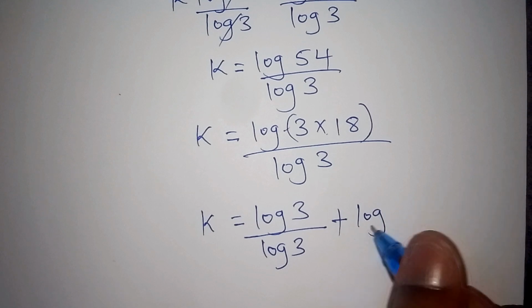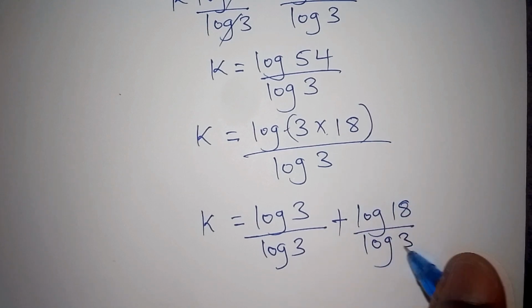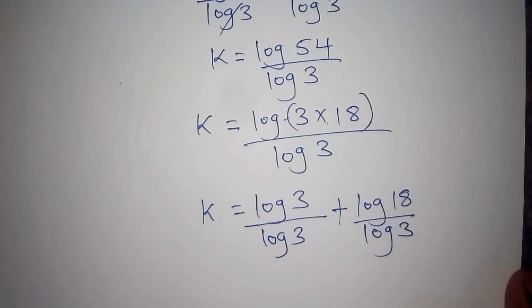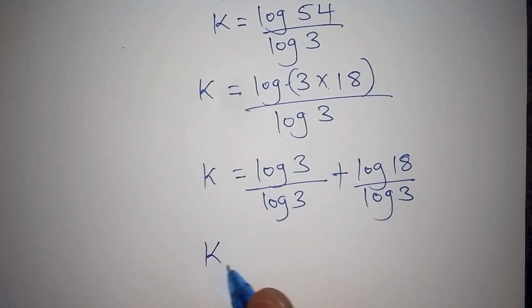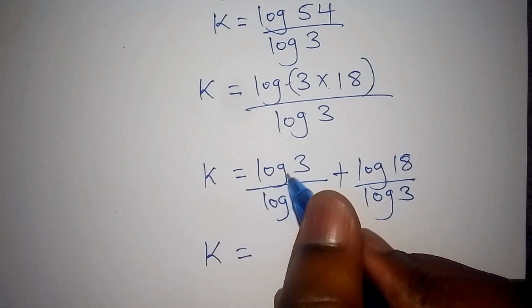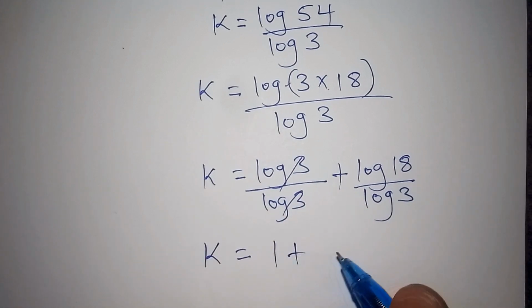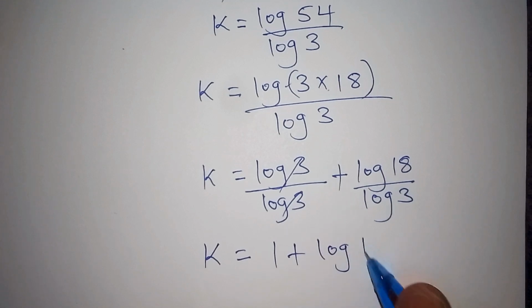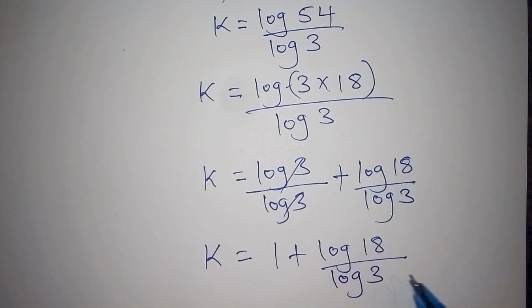So plus the log of 18 all over the log of 3. Now k is equal to, the log of 3 and the log of 3 cancel, so we have 1 plus the log of 18 all over the log of 3.